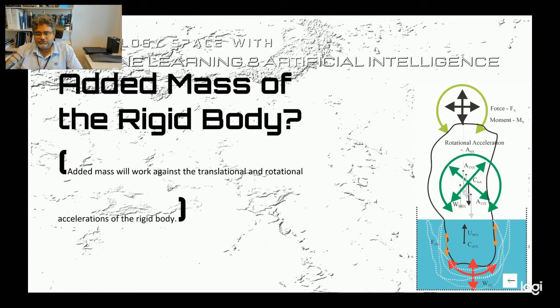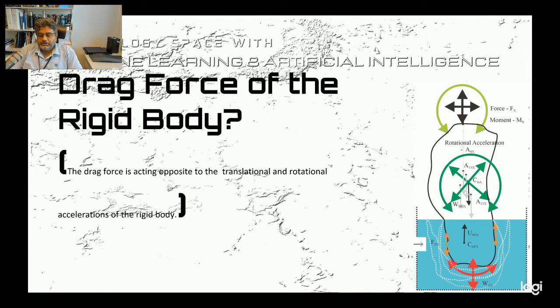The added mass could also vary due to these translational and rotational accelerations. Similarly, the drag force acting on this rigid body will also change. One important point: the added mass and the drag force will always work against the acceleration direction of the rigid body.